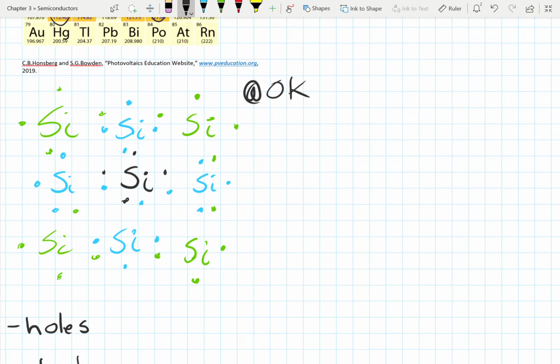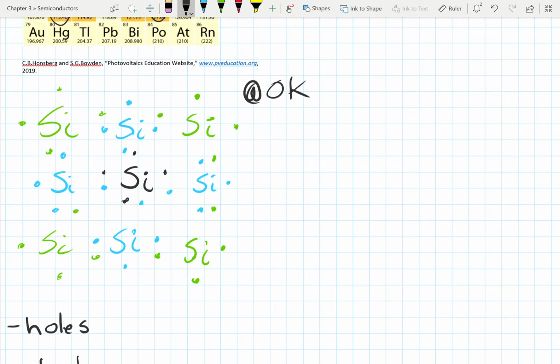You have, let's say, this black silicon in the center with its 4 valence electrons, and it's surrounded by several more silicons. I'm just using different colors here to show which electrons correspond to which element. So you have 4 silicon electrons corresponding to the black one right there, but it's surrounded by 4 blue silicon atoms.